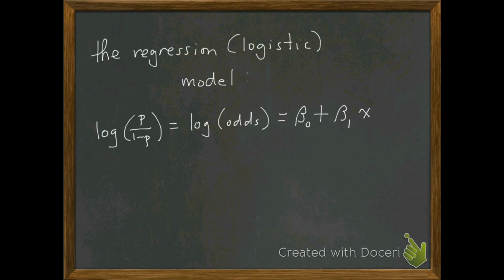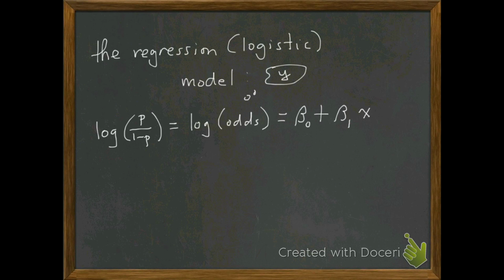So guys, on the left hand side, instead of having something very nice and neat being y, which in a previous example was a first year GPA, the y in this case is actually the log of the odds, which is equal to beta 0 plus beta 1.